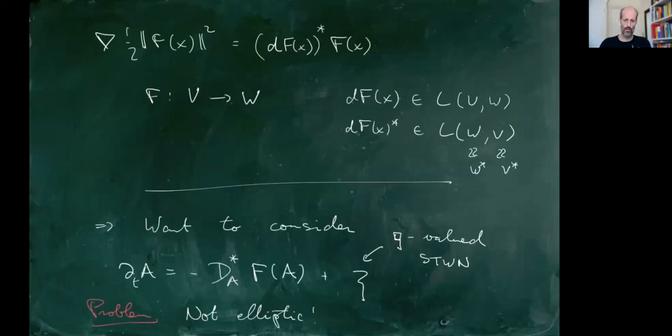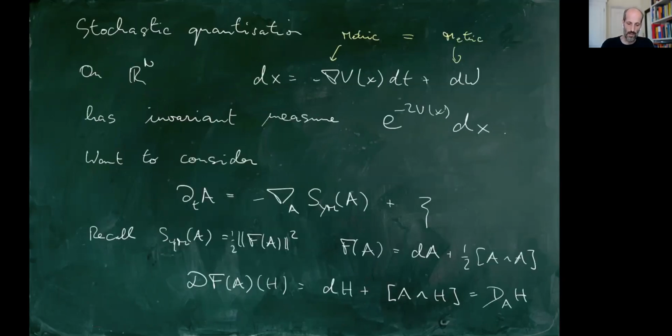Now, the reason why this is the case is directly linked to the gauge invariance. What gauge invariance tells you is that this function v, which is our Yang-Mills functional, is invariant under the action of the gauge group.